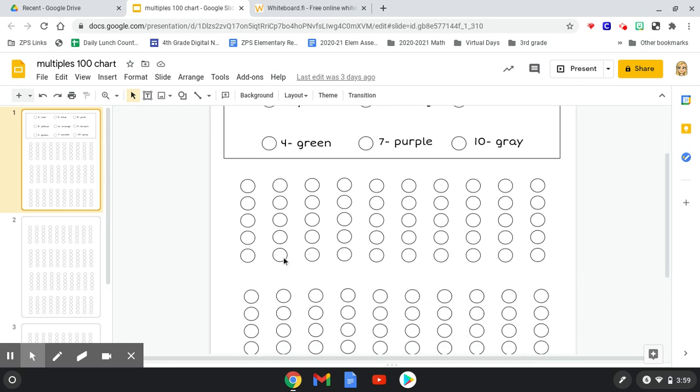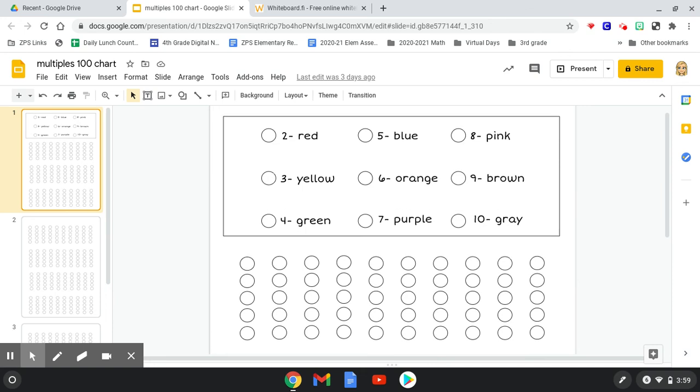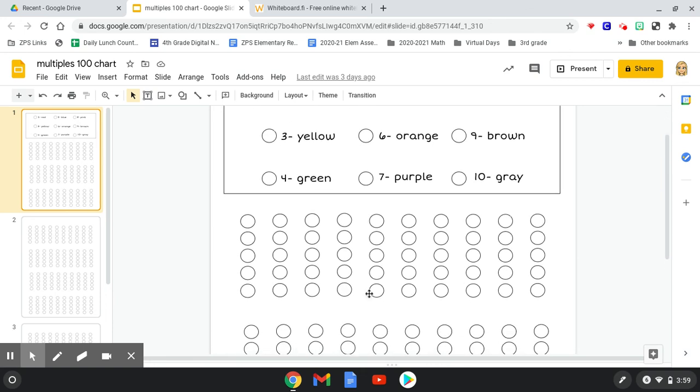I would start with yellow, and I'd do a yellow dot here since that's 3, then 6, then 9. You kind of get the point here. And what you'll start seeing is a lot of different colors. And what those are going to be are multiples of that number. So this whole thing is going to be filled out here in just a second. Why don't you try your best to work on that?